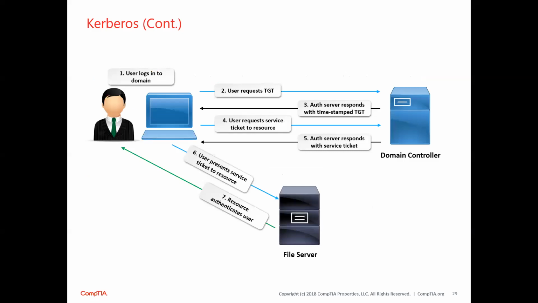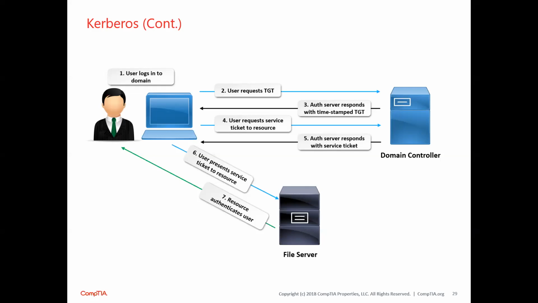So this is how Kerberos works. You can see that we have the domain controller. Normally, the domain controller is also the server that provides the tickets; it acts as the ticket granting service. When the user logs onto the domain, the user will request the TGT, the ticket granting ticket.